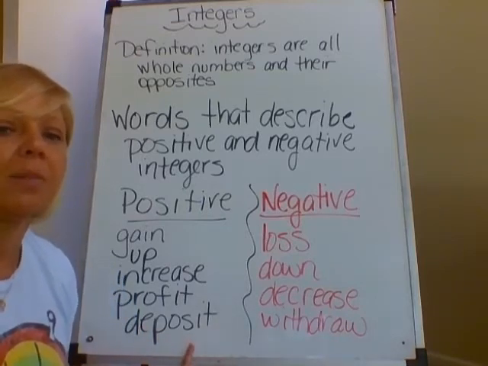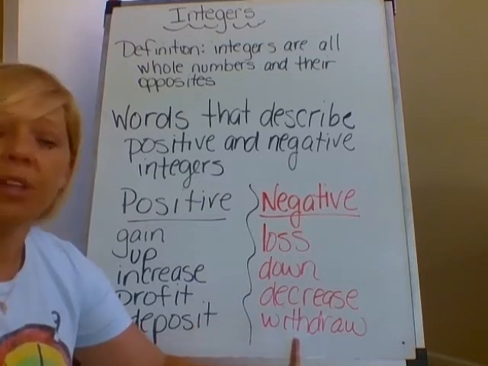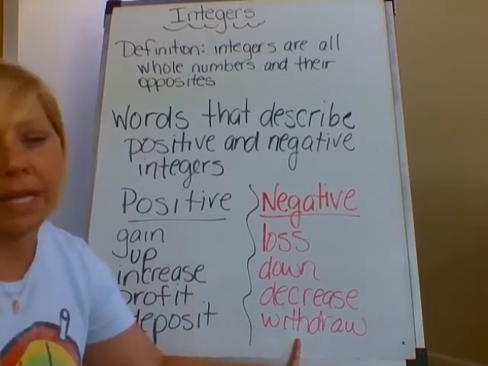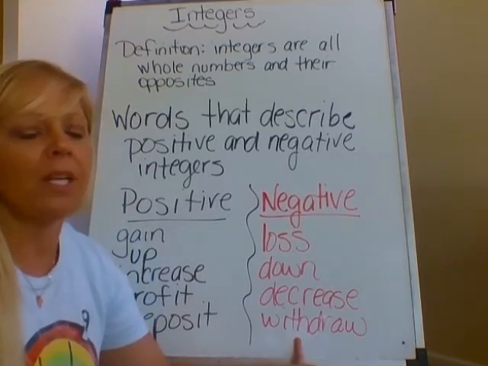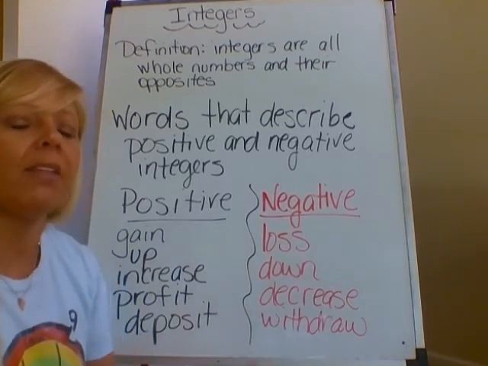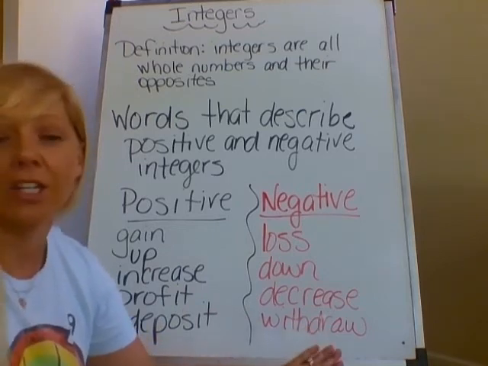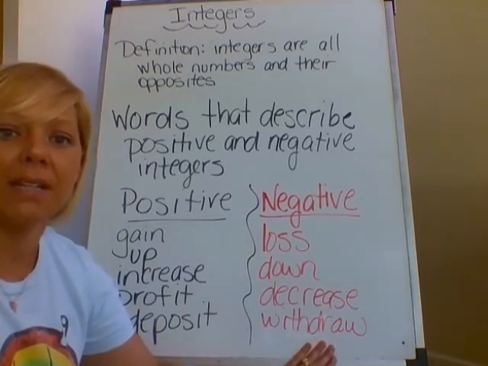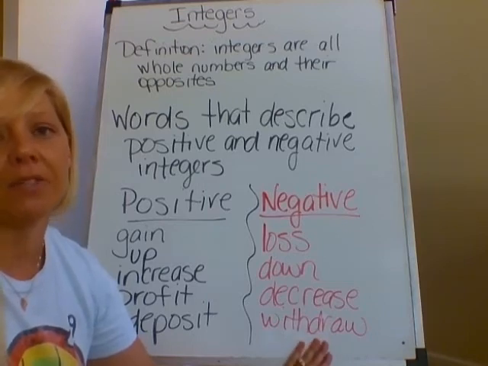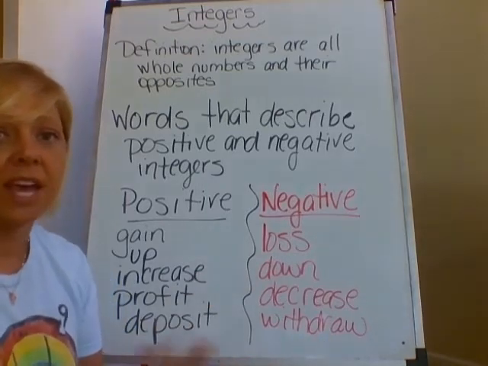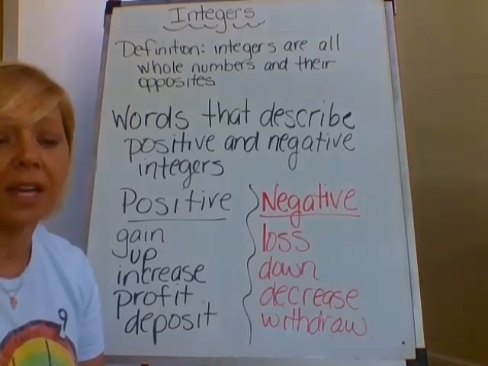So that's a deposit, that's a positive thing. Where when you withdraw money, again, a lot of you would think, well, I'm withdrawing money, so I'm getting money. That would be a positive. But no, actually, when you withdraw money in terms of banking, that is a negative. So your bank account actually subtracts that. So it's a minus sign, and that would be a negative symbol.